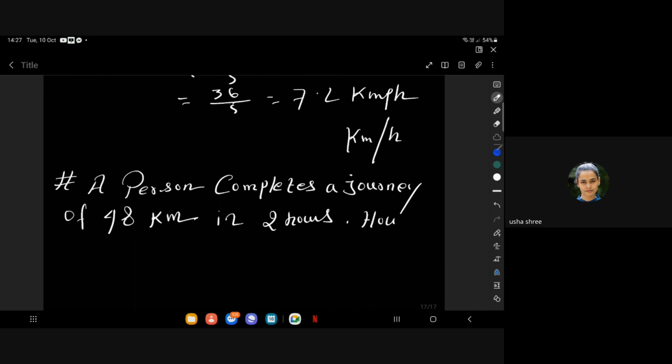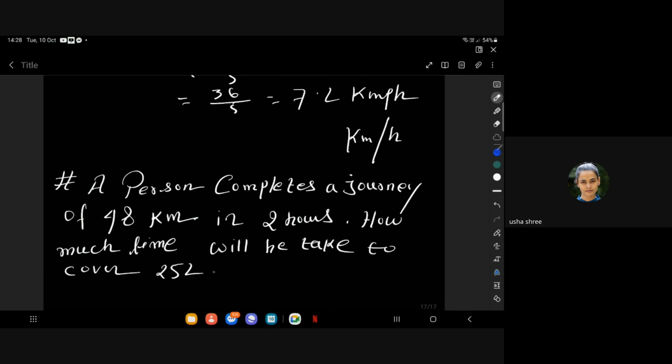How long will it take to cover 252 kilometers?